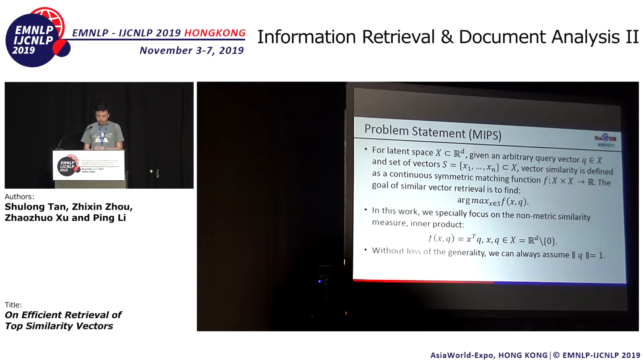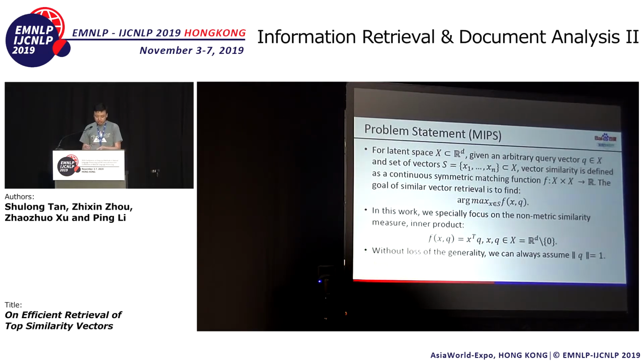We also define a continuous binary symmetric matching function that maps from the space X times X to a scalar. You can imagine that is the score of similarity. Our goal is to find the optimizer of f(x, q), where q is the query and x is from the data set.